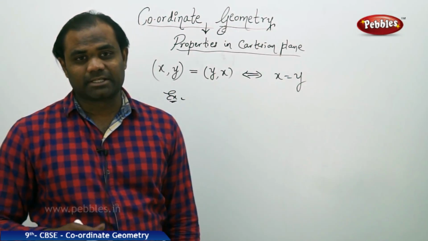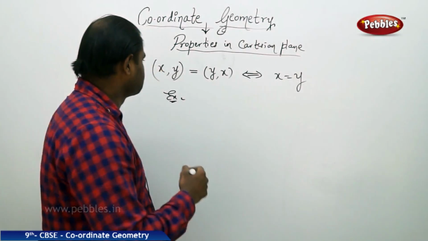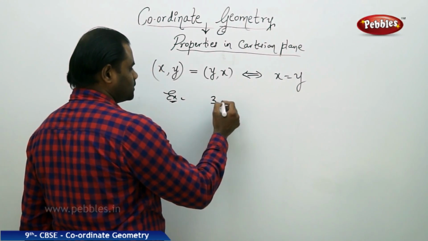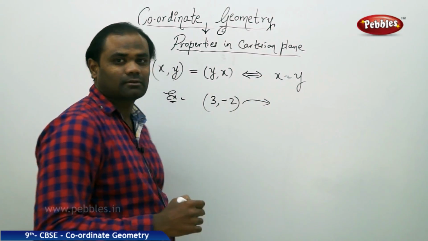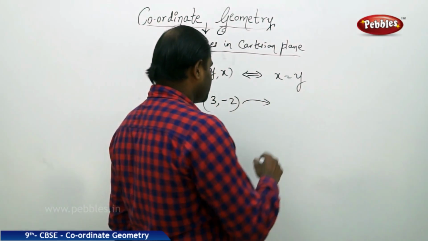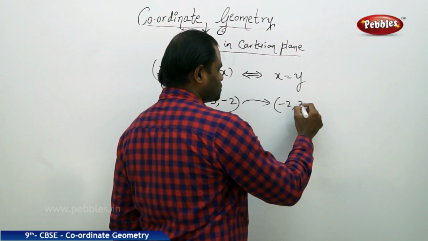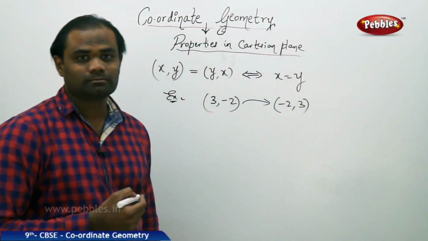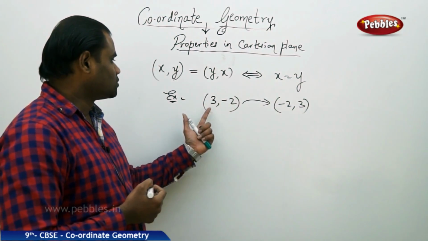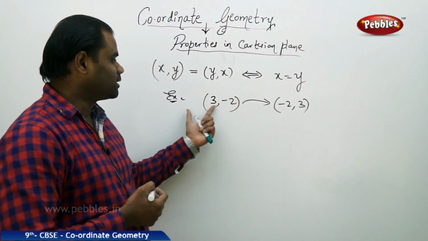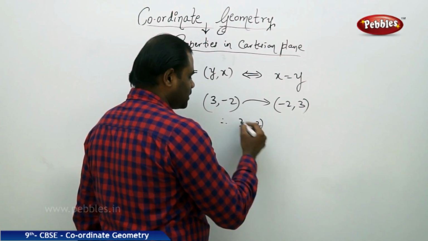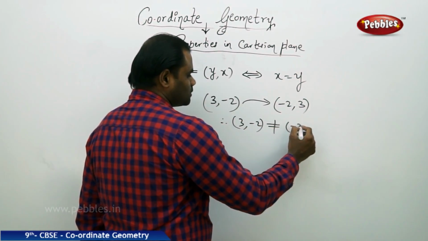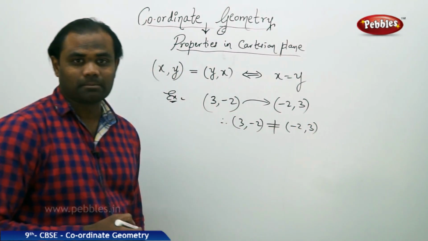For example, let's take an example problem. If I have the point (3, -2), clearly when I reverse, we know that this gives me (-2, 3). So the reversing of the point (3, -2) clearly makes me understand that (3, -2) is not equal to (-2, 3).